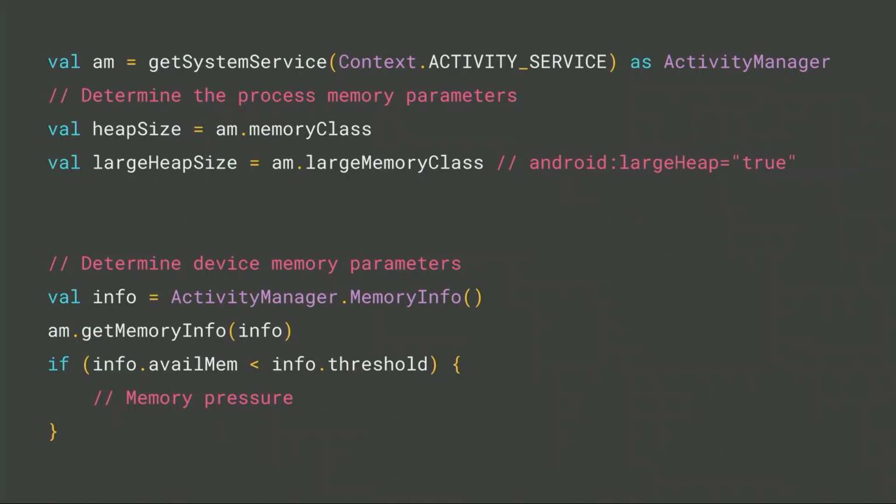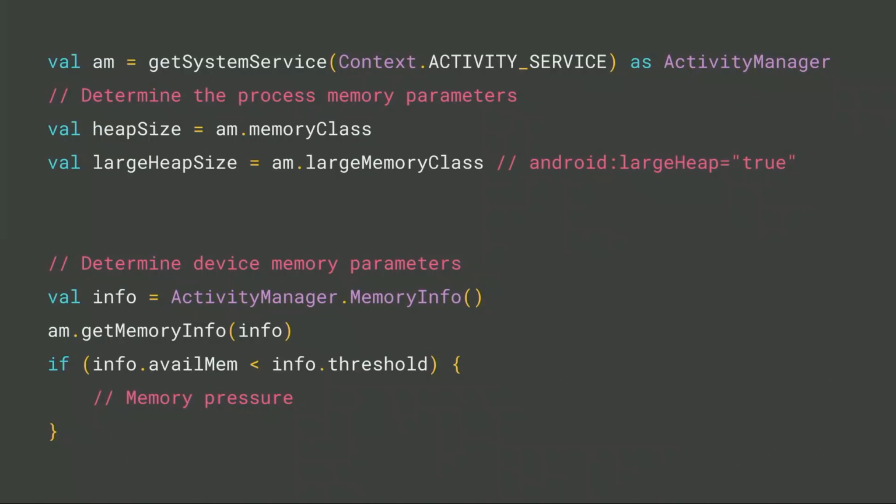The large memory class attribute is what your application would have if you added the large heap attribute to your manifest. I would caution you against doing this on Android Things. Generally speaking, because Android Things devices are memory constrained, the memory class and the large memory class of these devices are generally configured to be the same value. So adding this attribute to your manifest is essentially not going to do anything.